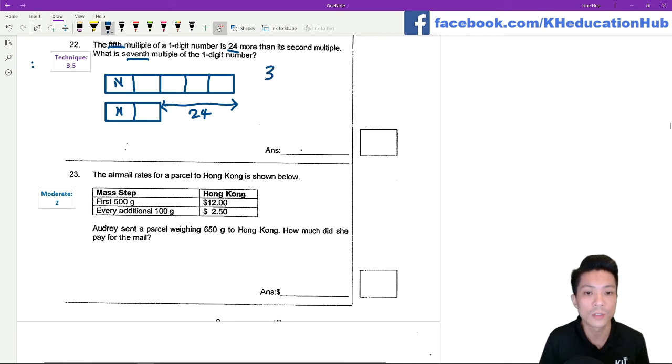Which means that 3 units is equal to 24. 1 unit equals 8. And they're asking for the seventh multiple, which means that 7 units is 56.